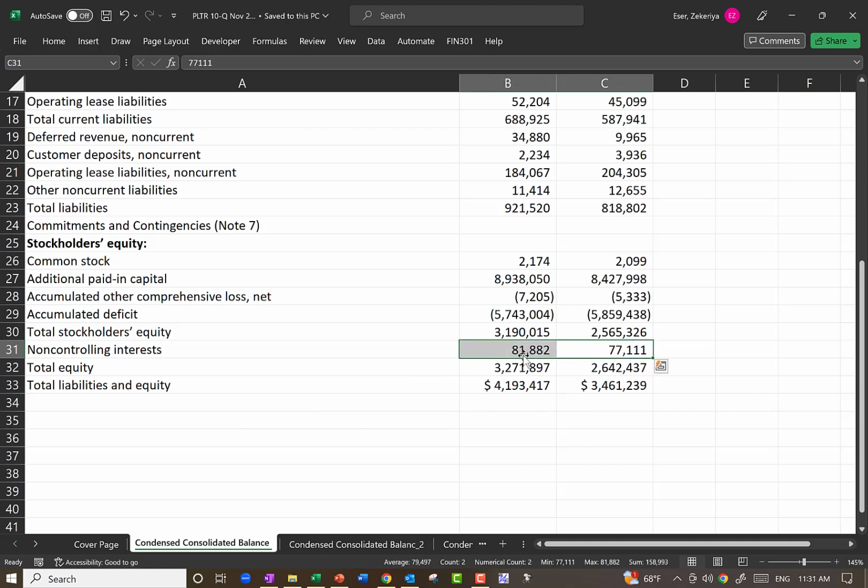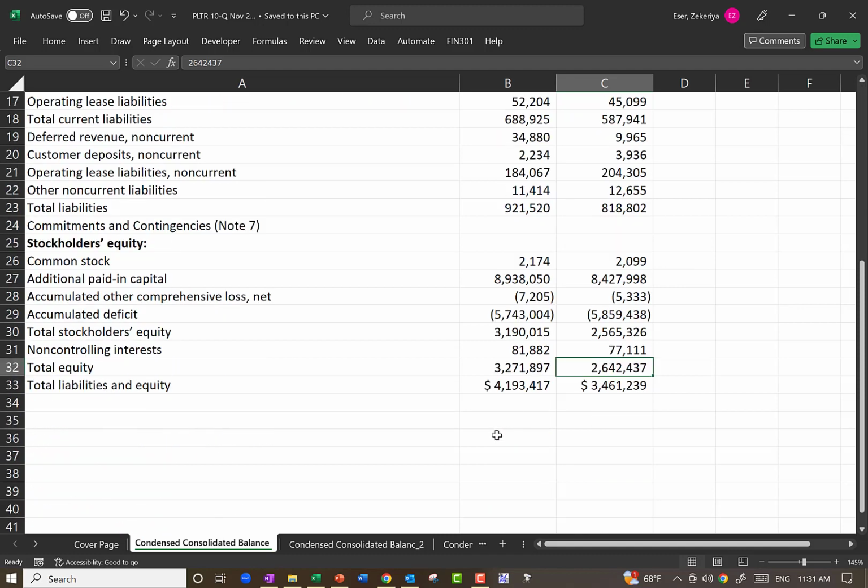Basically, it is part of consolidated shareholders' equity, but technically you don't own that. In this case, it's not a big percentage, but certain companies have a big percentage of non-controlling assets.